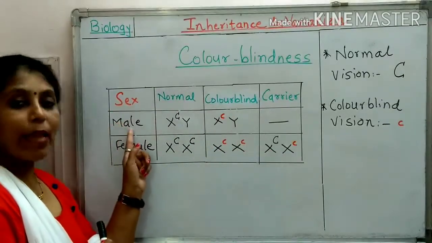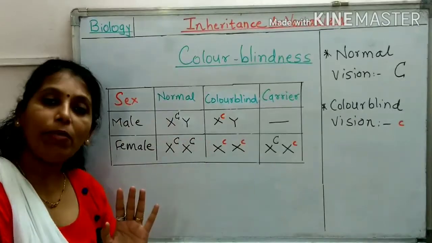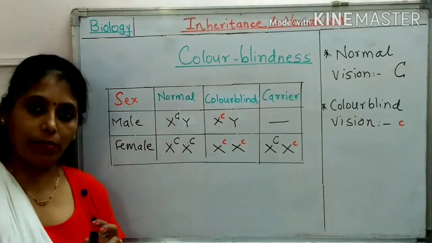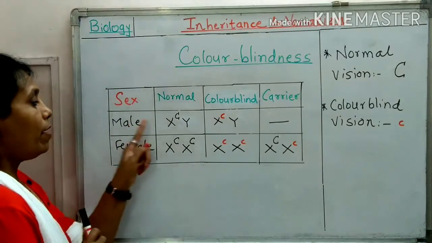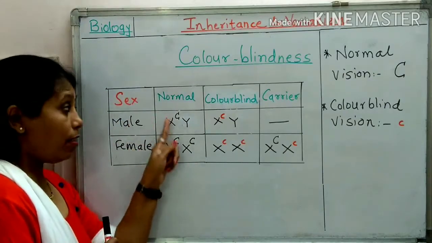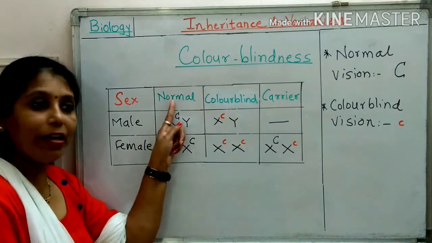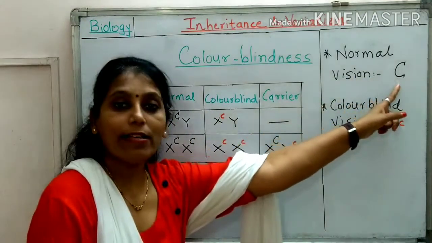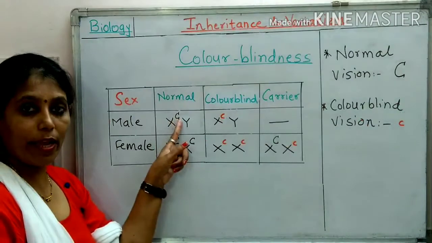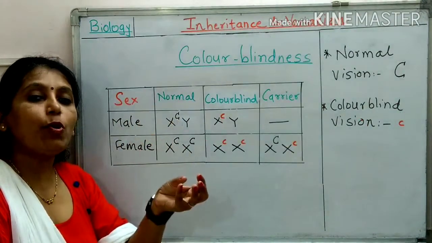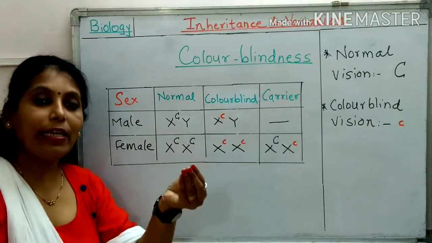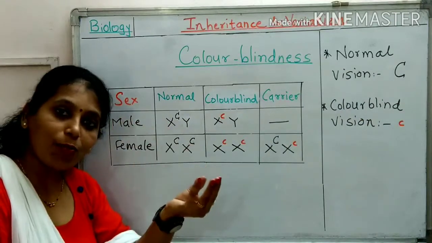Suppose this male is normal. Normal means having normal vision. What would be the genotype? Here I have written X, and as it is normal, we'll have to write capital C. The second thing, the gene which is responsible for vision is present on the X chromosome only.